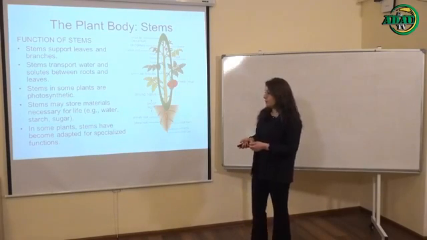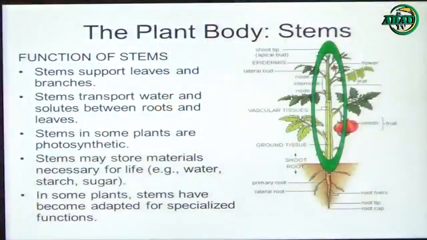And the stem may store materials necessary for life, for example, water, starch, sugar. And as I have already told, these materials are produced in the leaves by photosynthesis. Then these reserve materials, biologically active components, are transported into other organs of plants and are stored in these organs.